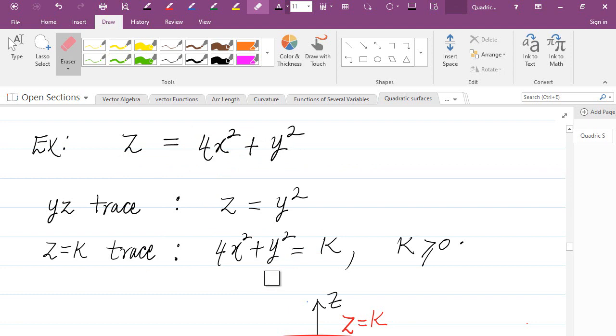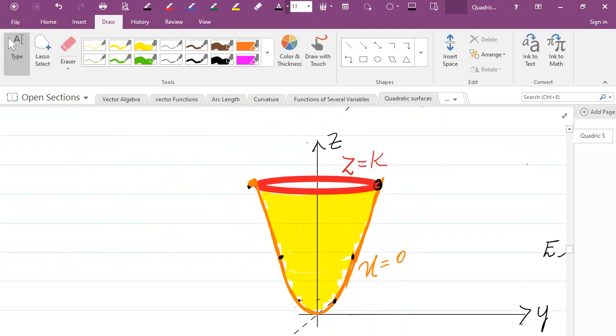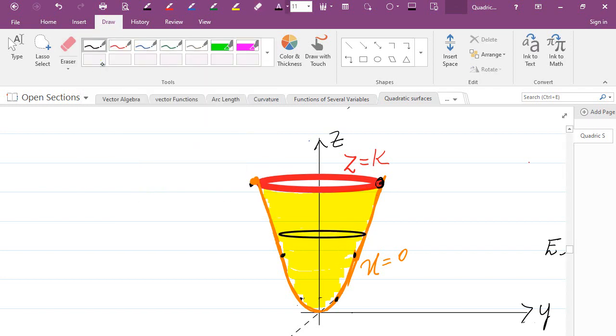So the traces in planes parallel to the xy plane are all ellipses. Notice that when k is 0, you just get the origin, and then when k is 1, 2, and so on, you get these ellipses.